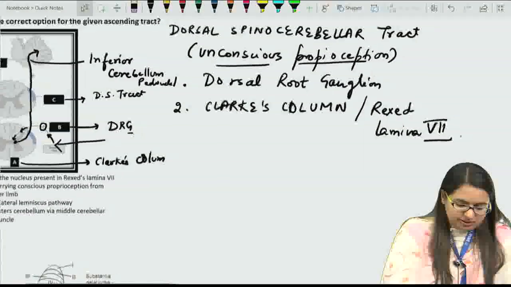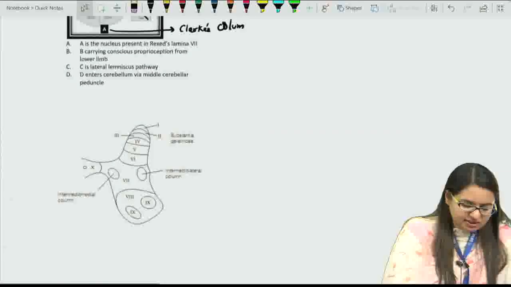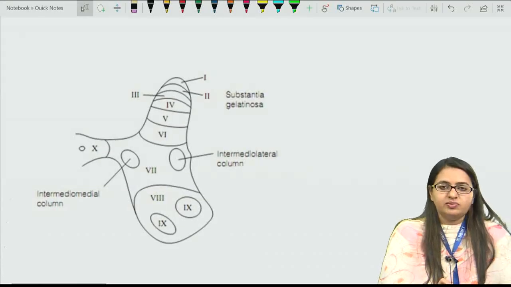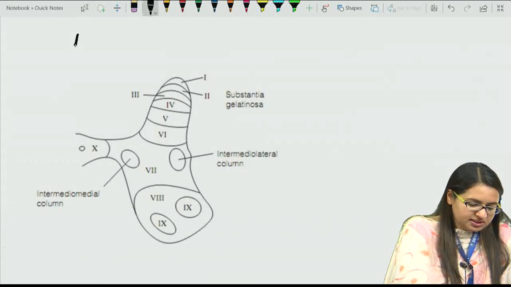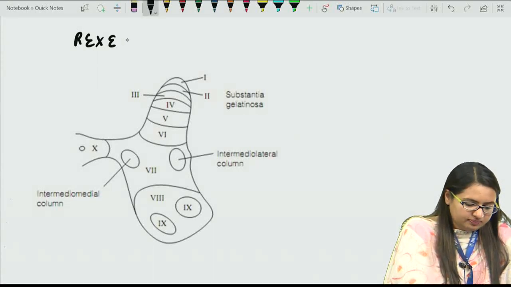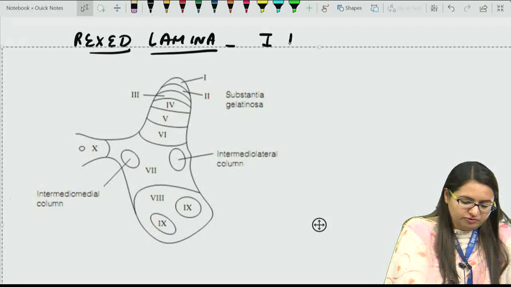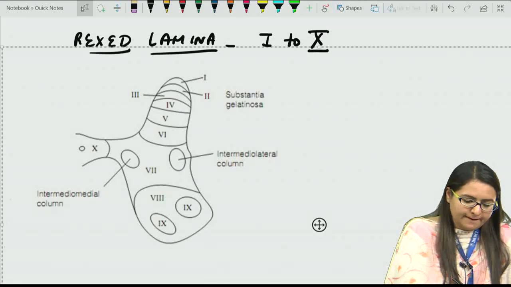And regarding Rexed's lamina, this is the picture showing the Rexed's lamina, which is in the grey matter of the spinal cord. The Rexed's lamina is divided into 10, starting from 1st to the 10th.